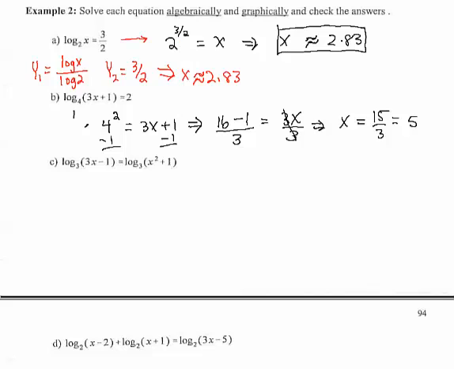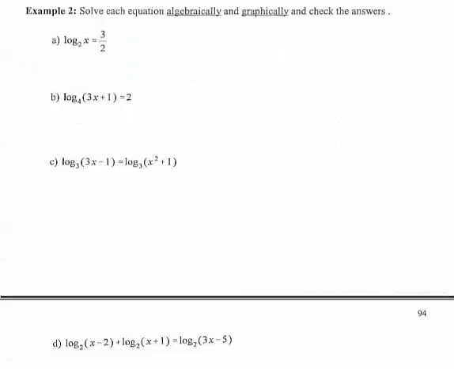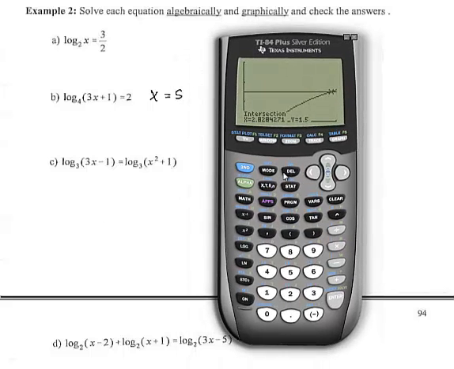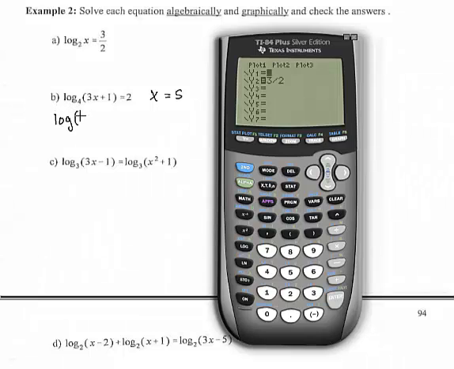If we enter the two sides as separate equations in our y editor, and if you have to do a change of base, then you would simply write log 3x plus 1 divided by log of 4, with a base of 10 now instead of 4.